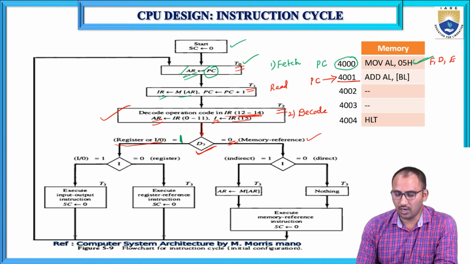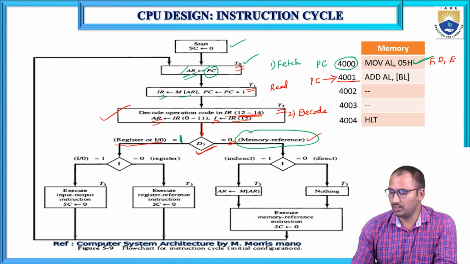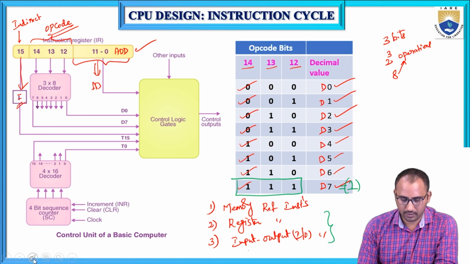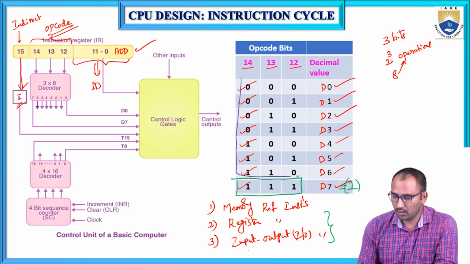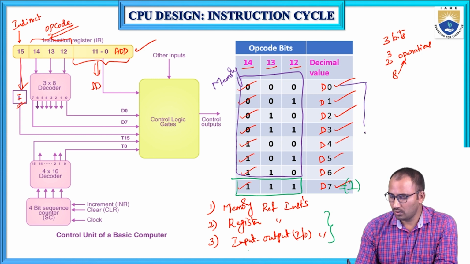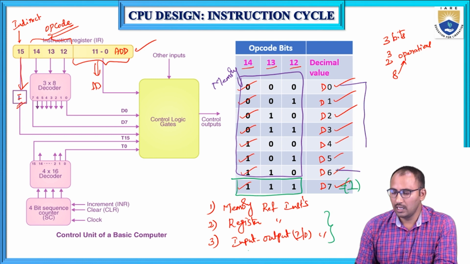If D7 is not equal to 1, that indicates a memory reference instruction. What are the memory reference instructions? These are they, D0 to D6.